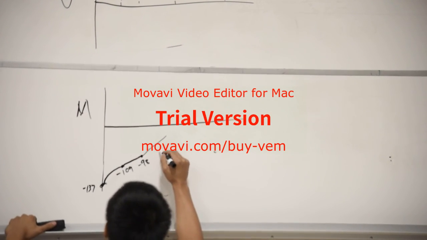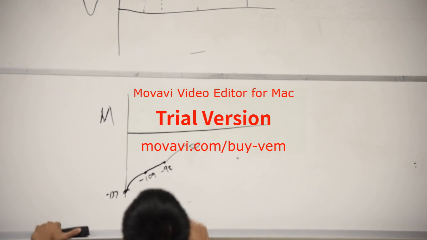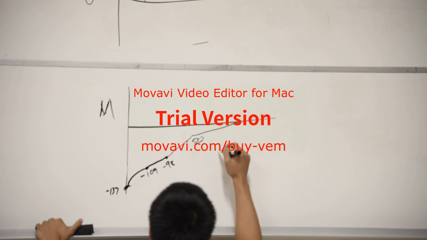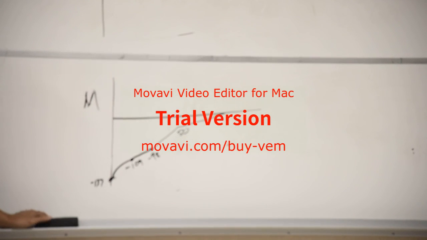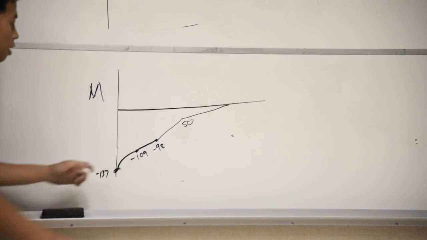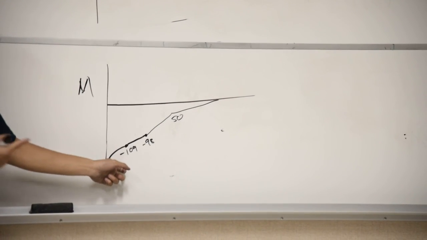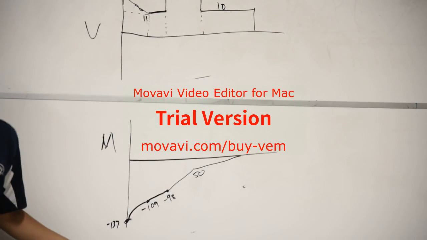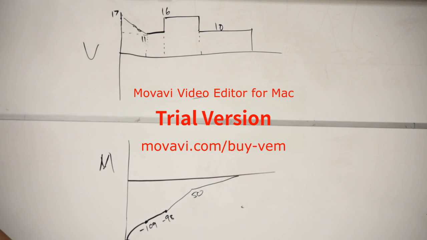Should end up at 50. 10 for the last 5 meters should get you to 0. So what matters is these points, values. If you can't tell, make a note that this is a parabola. We'll probably count points for that. Everything else is a straight line, so you don't have to say anything.